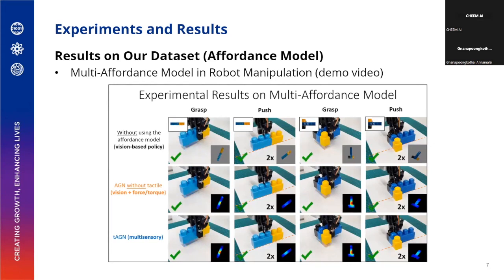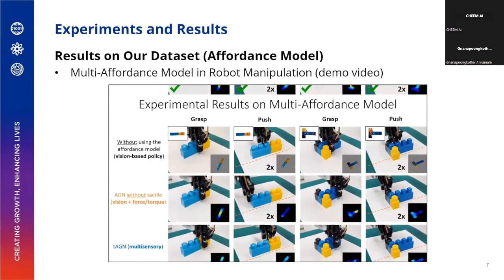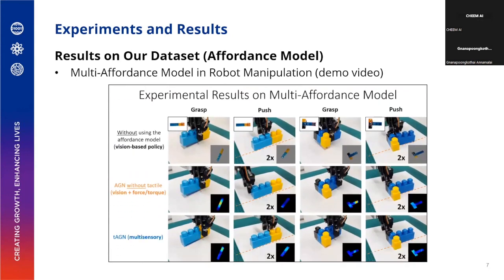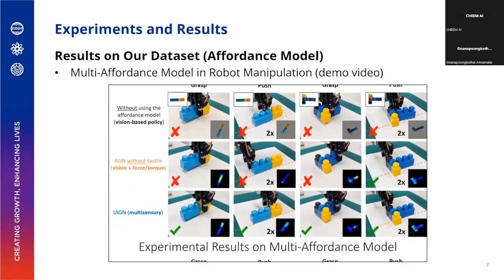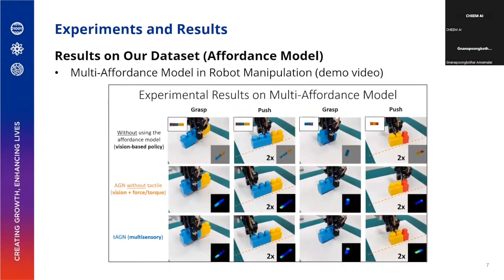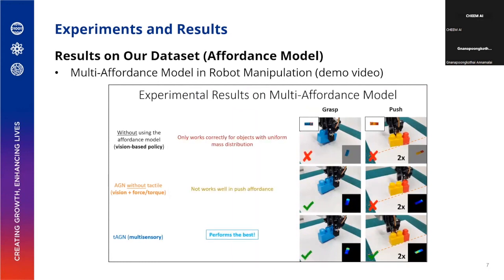Here is only the vision-based policy, the second one is vision plus force torque information from the force torque sensor, and this one uses all the information, including the tactile information. Obviously, the vision-based policy only works correctly for objects with uniform mass distribution.